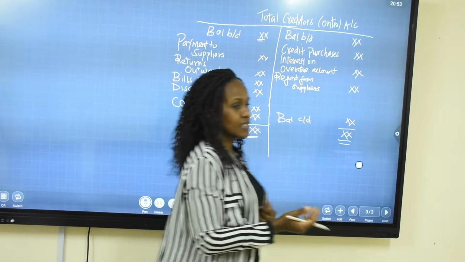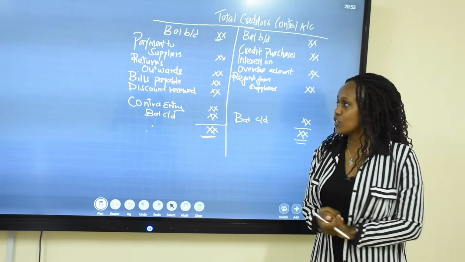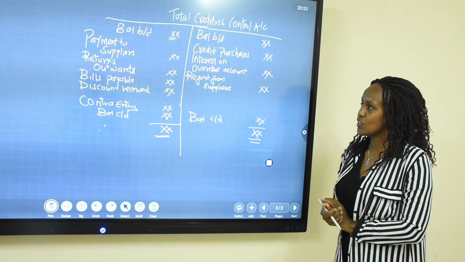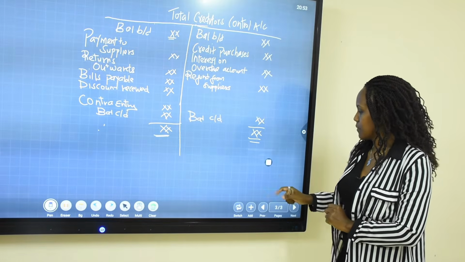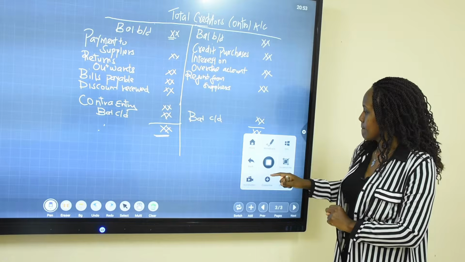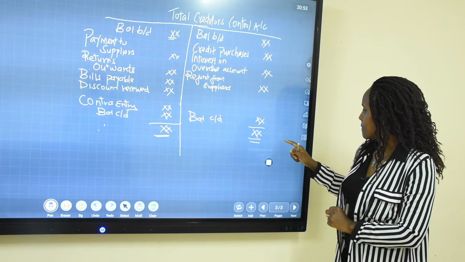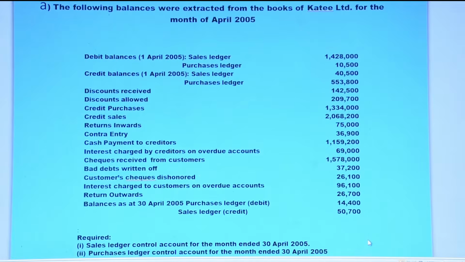So this brings us to a question. We can try to at least answer a question based on this information. The question reads: the following balances were extracted from the books of Cathay Limited for the month of April 2005. The debit balances on 1st April for the sales ledger and the purchases ledger are given, same as the credit balances.